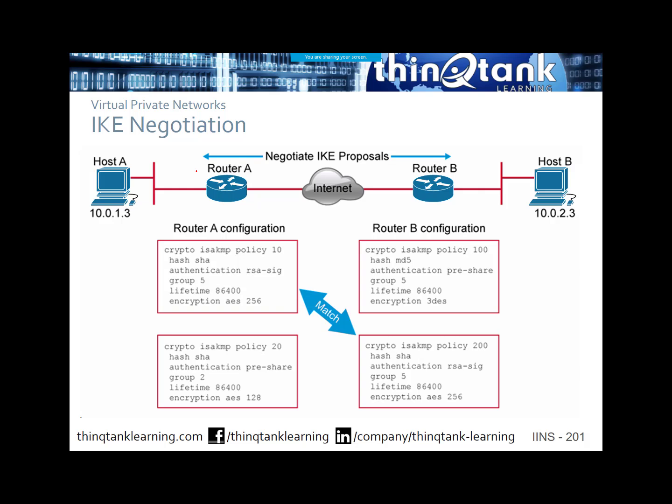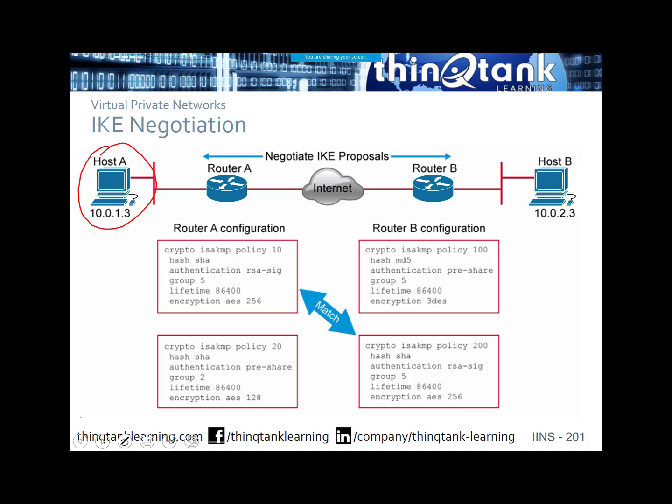As I mentioned before, these routers are going to negotiate the policy. Depending on where the traffic is initiated from and who's trying to establish the VPN, this router here might send its proposals over to router B, or this router here might send its proposals over to router A. It's not the initiator that actually decides on the proposal.